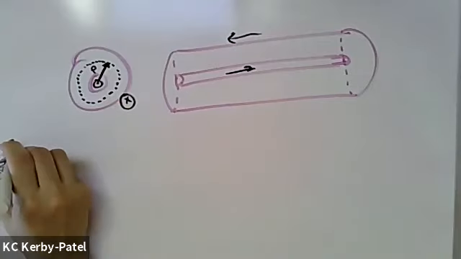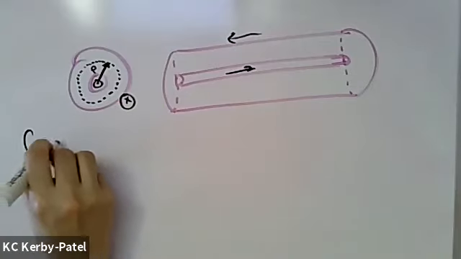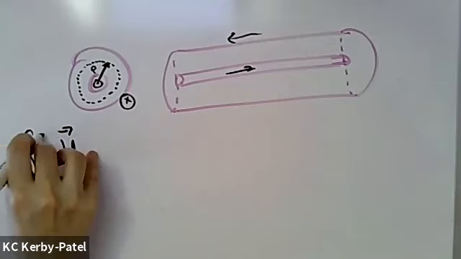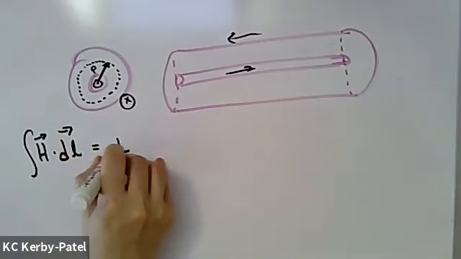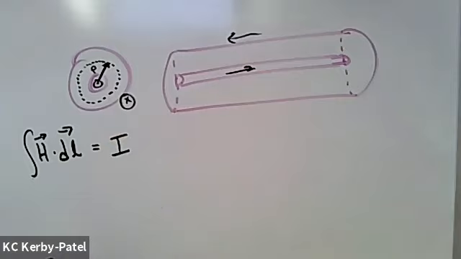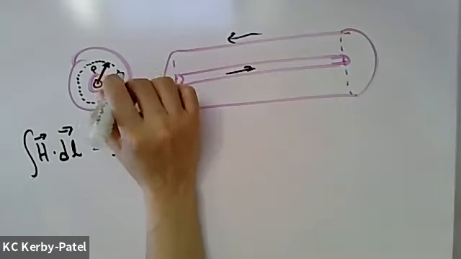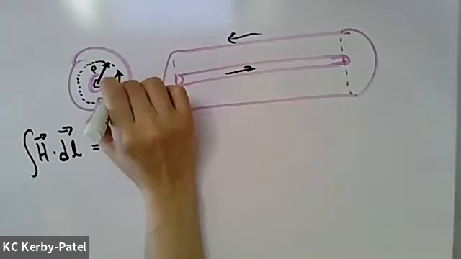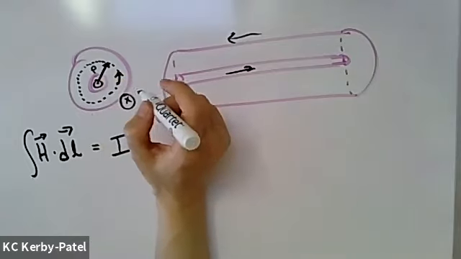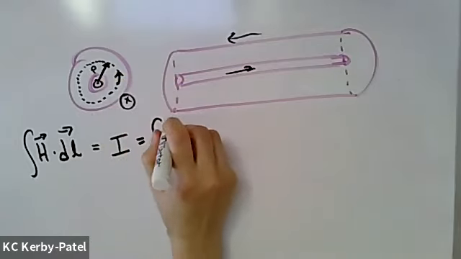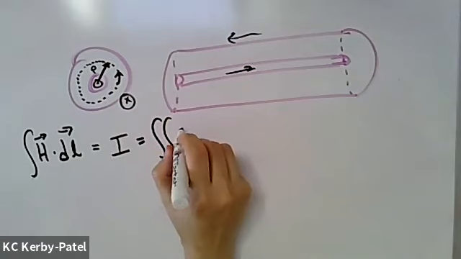And that's for doing Ampere's law. So H dot dl equals the current flowing through there. And I need to give this contour a direction. And then I need to make sure that that's consistent with the direction that dS points.